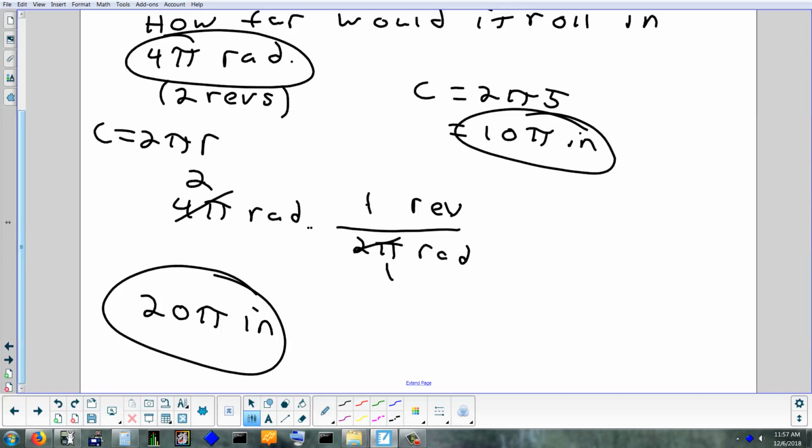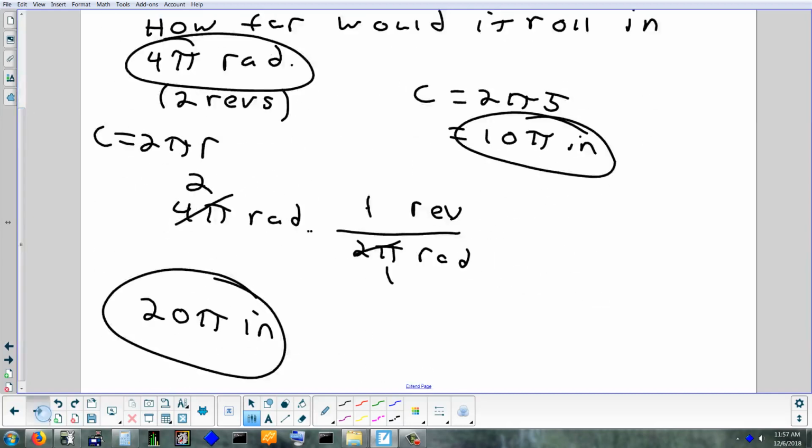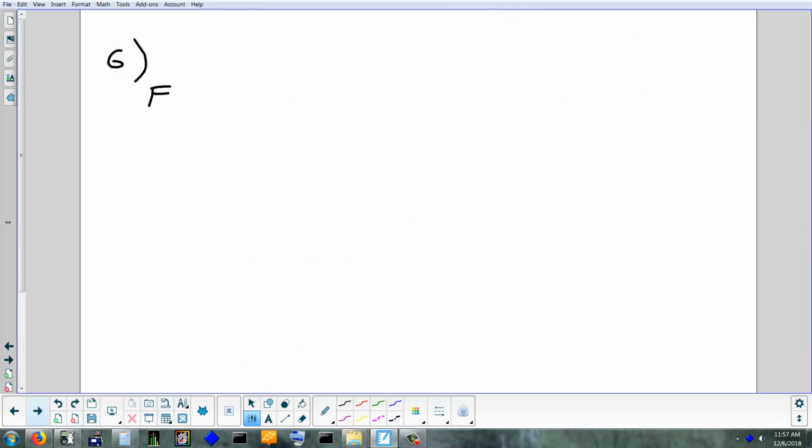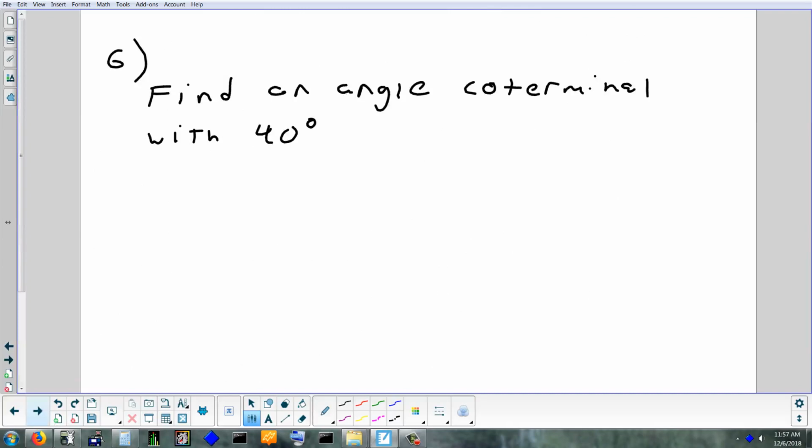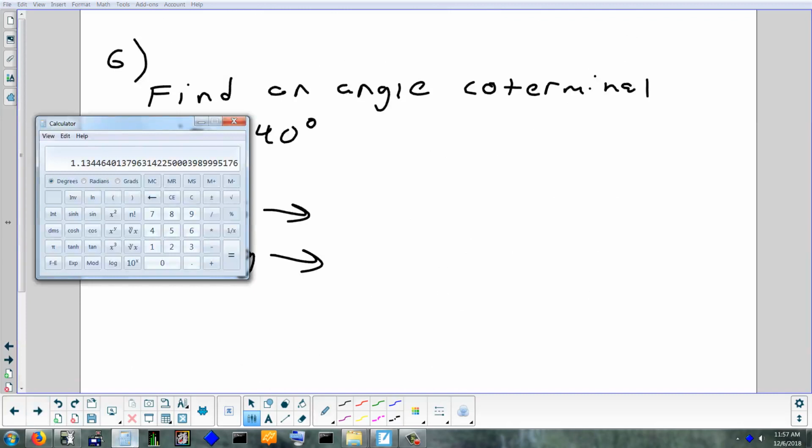Oh yeah, coterminal angles. That's an easy one. Find an angle coterminal with 40 degrees. Positive and a negative. So we actually just mentioned this.